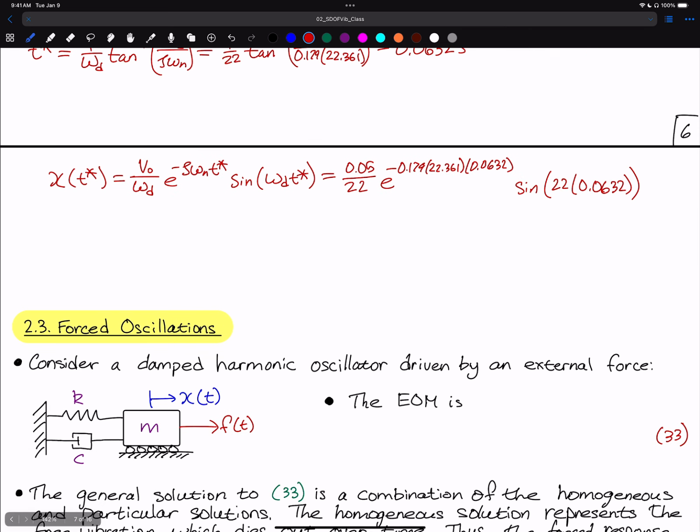And then if you go in and compute all this, we'll find that the peak or the maximum displacement, we'll say here, xp is equal to 0.00174 meters.